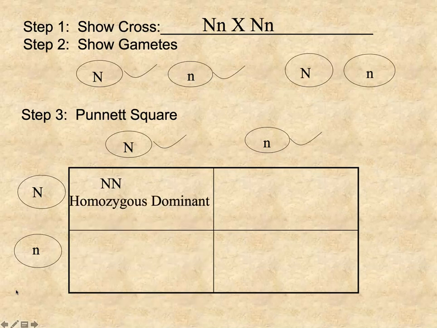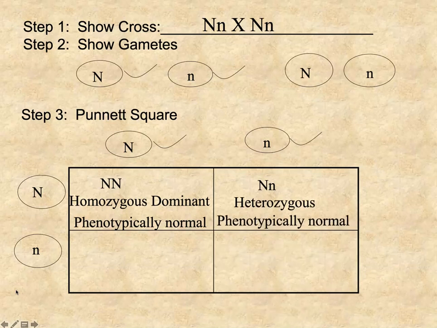The individual is homozygous dominant, and phenotypically normal. If the sperm with the recessive allele fertilizes an egg with the normal allele, you're going to have a heterozygote with a dominant normal allele, but that person will be a carrier. It will carry the genetic disease. That individual will be heterozygous, and phenotypically normal.